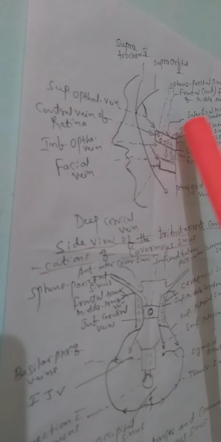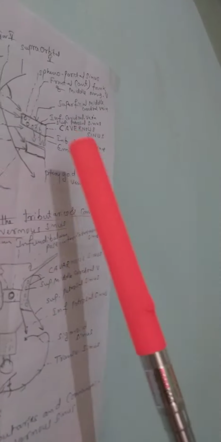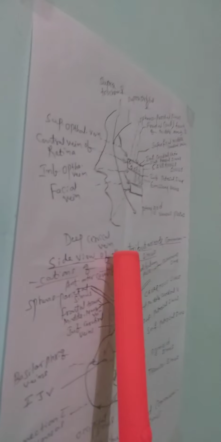One is anterior and one is posterior to the infundibulum. They connect each other and lie around the hypophysis cerebri, or pituitary gland. Intercavernous sinuses are there.